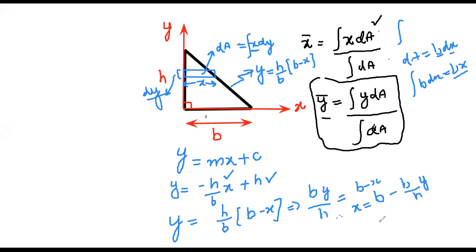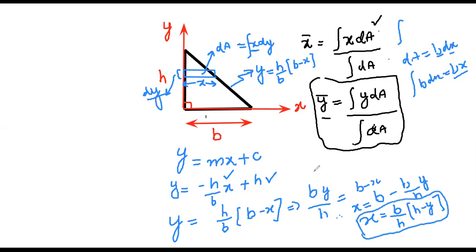That can be written as x becomes equal to, we can take this b by h out, b by h multiplied by h minus y, because once you multiply b by h into h, h cancels, you will get b by h into minus y. Okay, so this is the equation for x in terms of y.